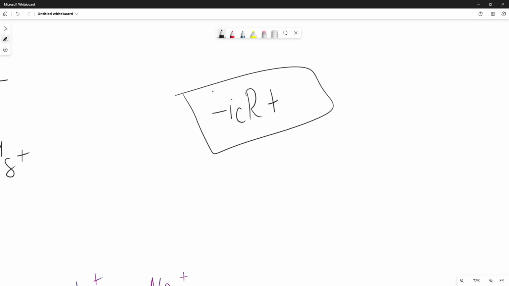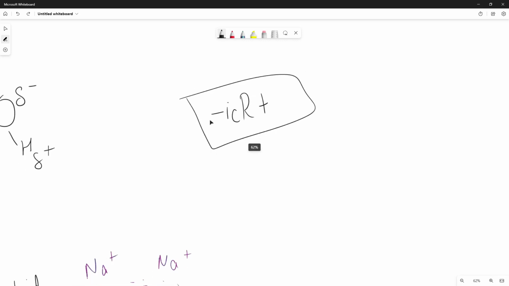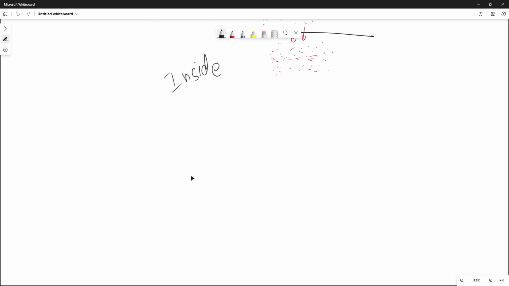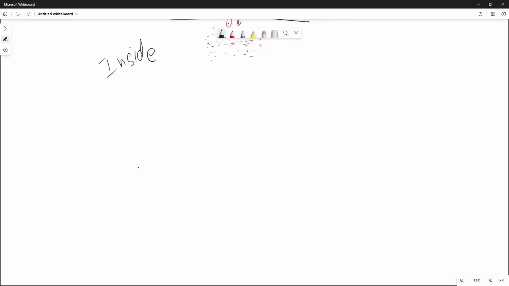This will be provided to you in the AP data booklet, so you won't have to memorize this formula, but you have to be wary of the negative sign, since many people including me get confused on this sign. More types of transport include endocytosis and exocytosis.